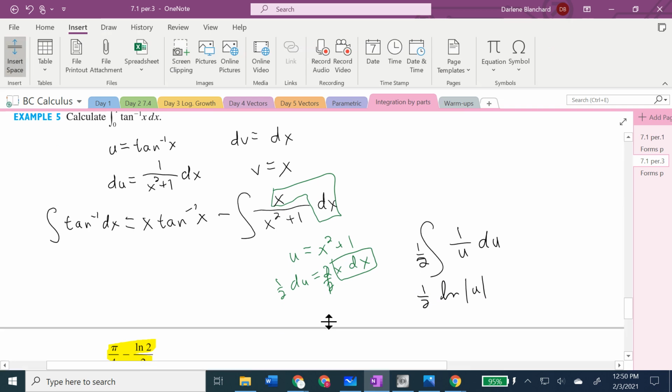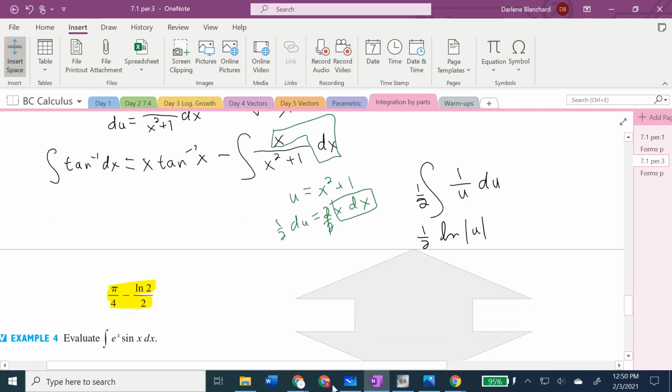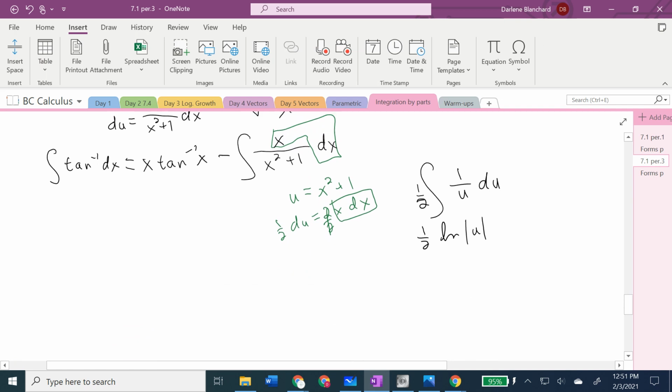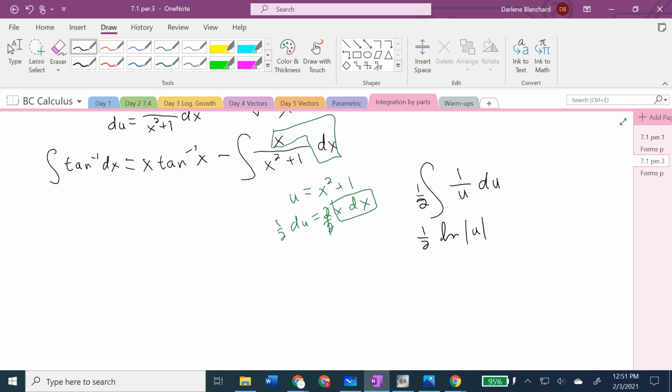You have to know your unit circle trig in order to finish this. Understand on the AP test, you must know your unit circle trig.